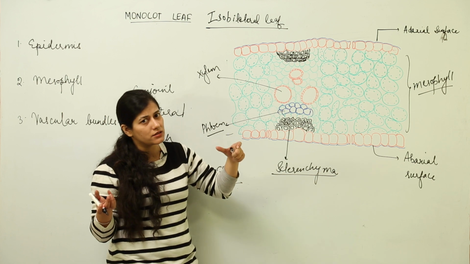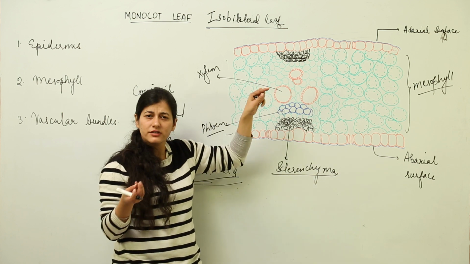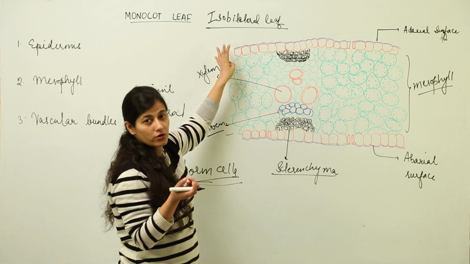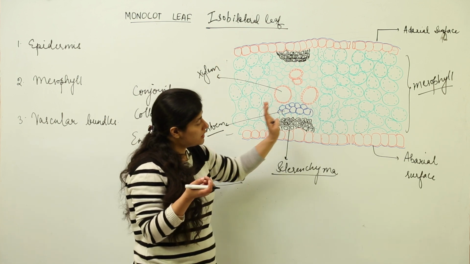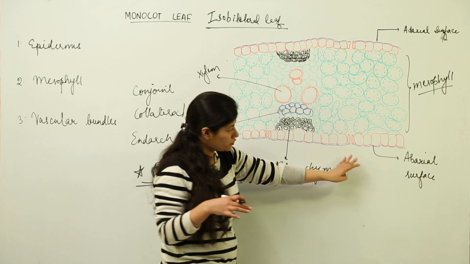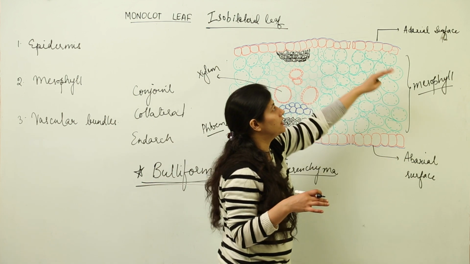In case there is a presence of stomata on the adaxial surface, they would be very few to minimal. In the case of monocot leaves, you are going to find the stomatal pores equally distributed at both abaxial and adaxial surfaces.